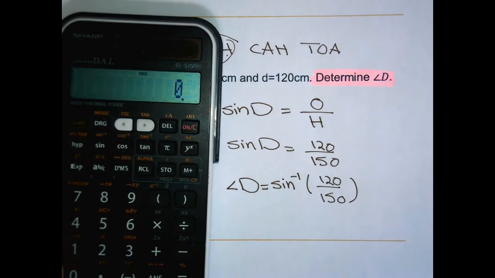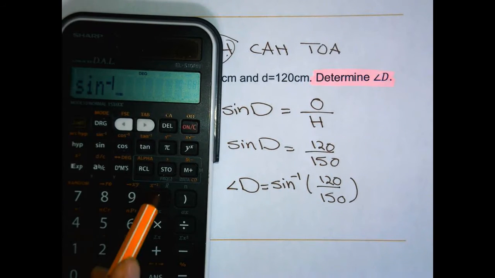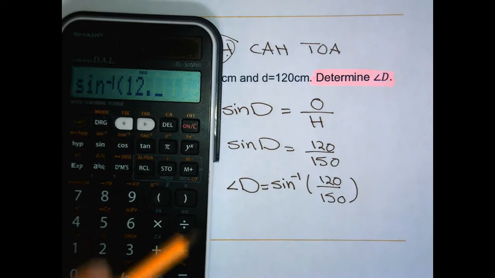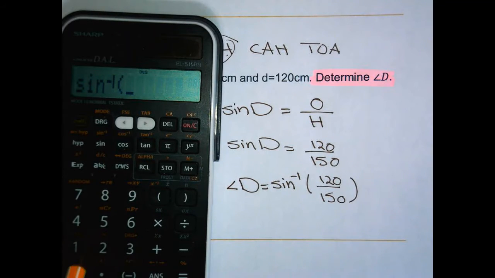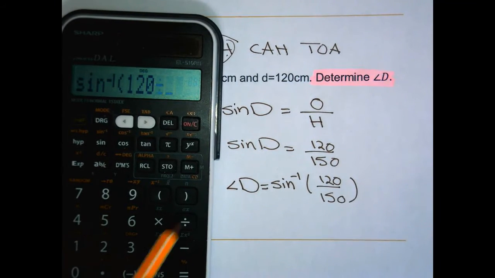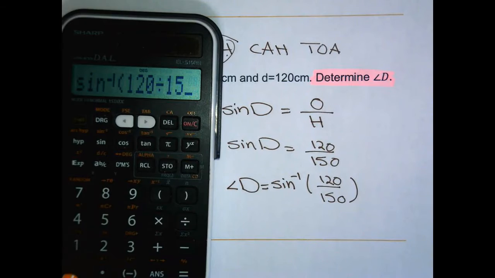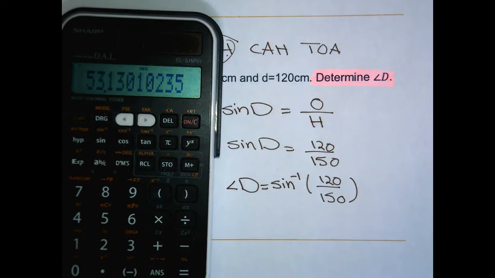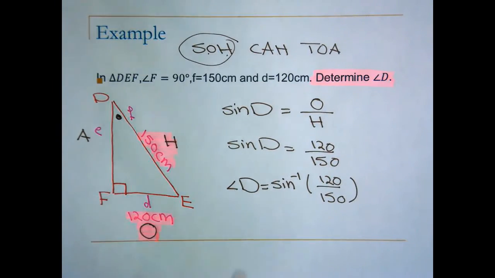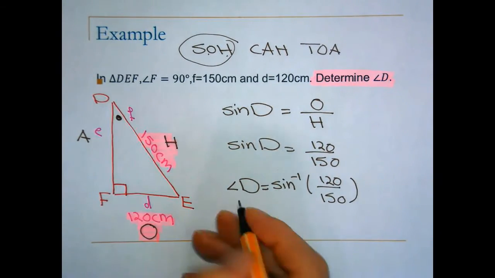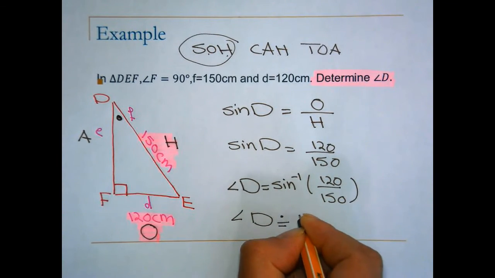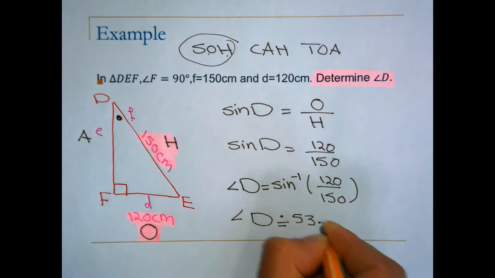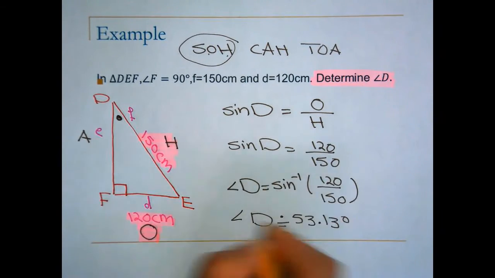So inverse sine of 120 divided by 150 is 53.13. So angle D is approximately 53.13 degrees.